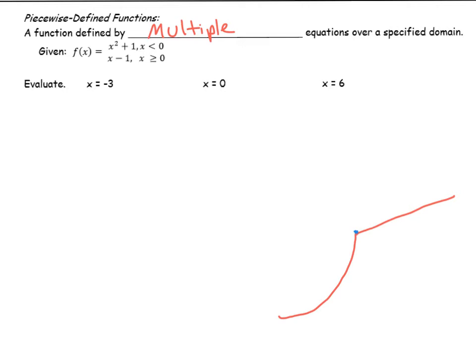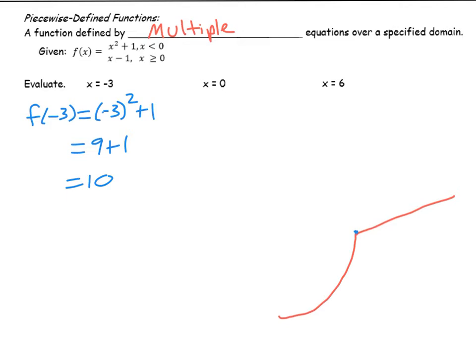You just got to be careful on which one to put it in. If x is -3, I plug it into the quadratic, okay? Piecewise functions sometimes look worse than they are. They're typically not that bad.